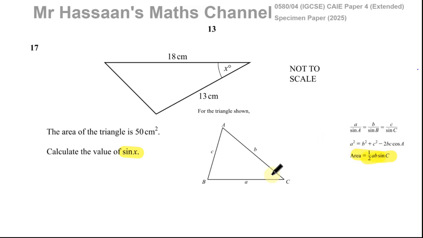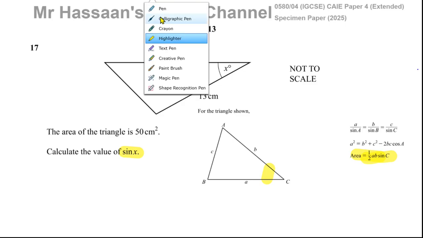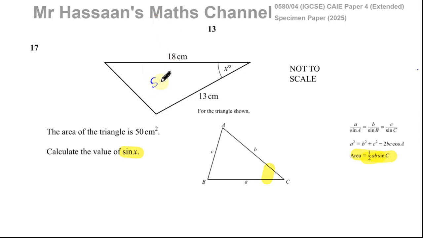Okay, so half AB sine C, basically a half times this side times the sine of this angle. And this angle here is the angle between the two sides. This angle is the angle between the two sides given. And that's exactly what we have here. We have to find the sine of the angle between the two sides given. And we know that the area is 50 centimeters squared.